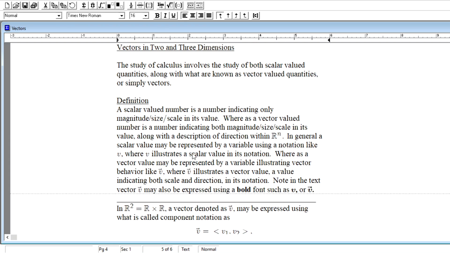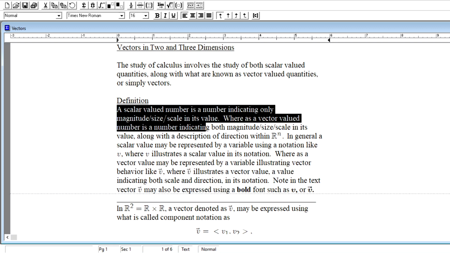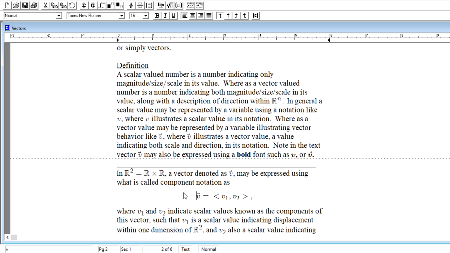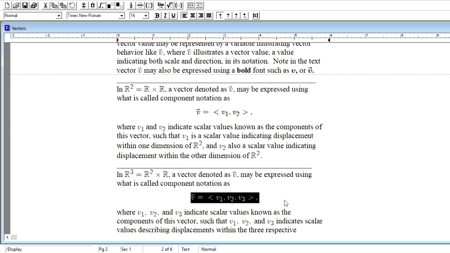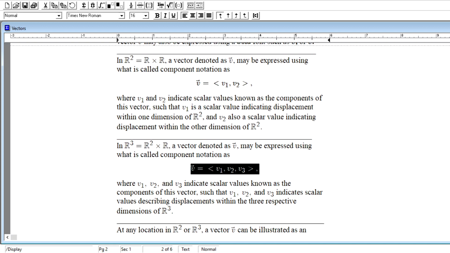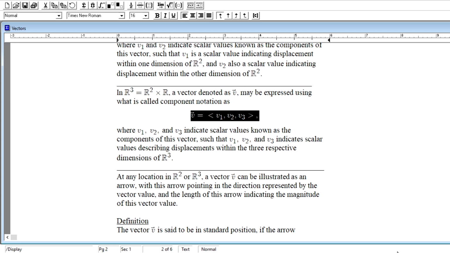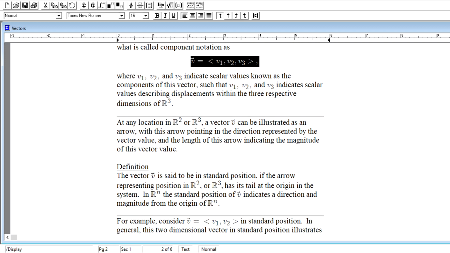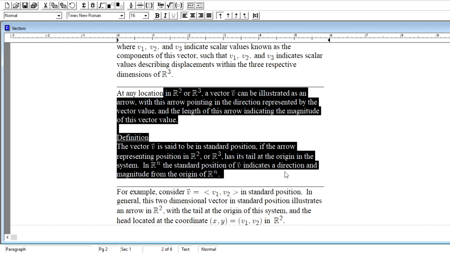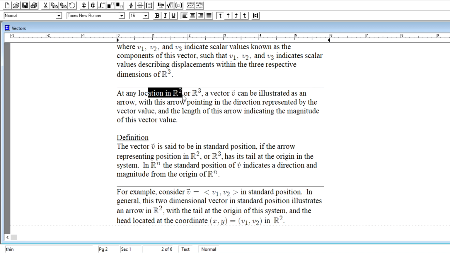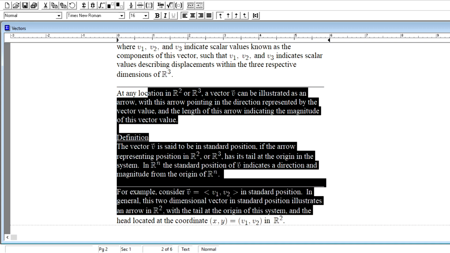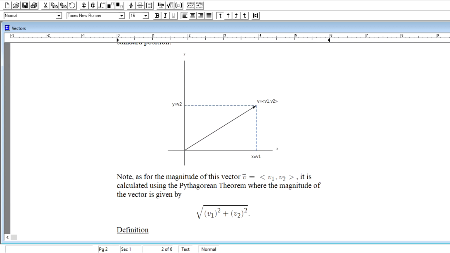We want to be familiar with how they are different from the scalar values we're familiar with, right? We want to know how we denote them, either in component form or in standard unit vector notation that we ended with. We want to know how to illustrate them, how they plot themselves out in space, right?